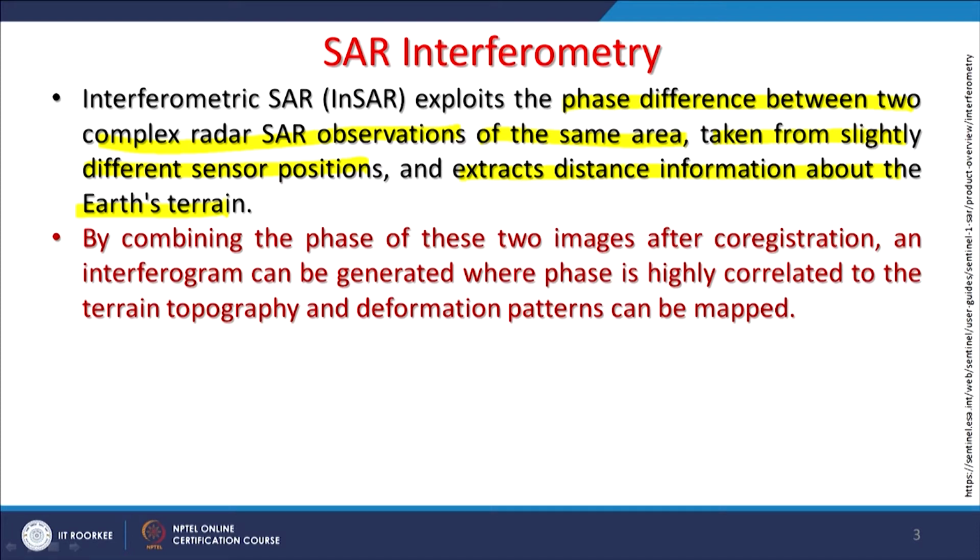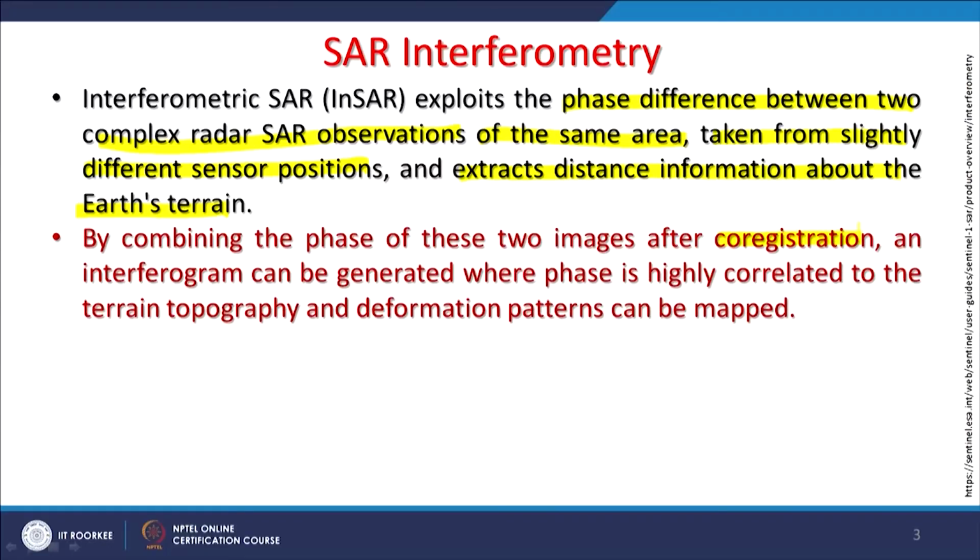Now, when we combine the phase of these two images, or a pair, after co-registration, as I mentioned earlier, this co-registration is very important. If two scenes have been co-registered nicely, then they will produce good results. After co-registration, interferograms can be generated where the phase is highly correlated to the terrain topography.